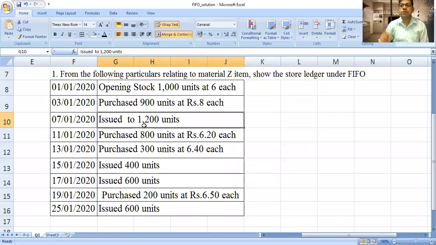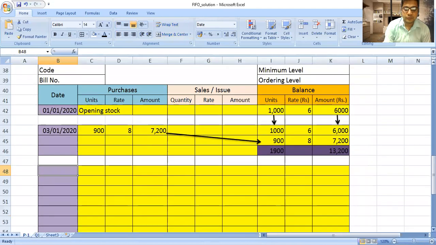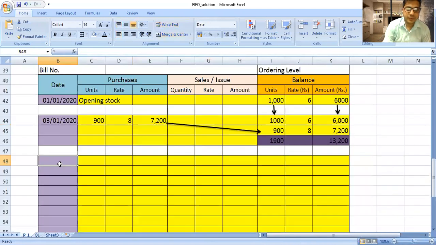Now friends, issue means sold, issue means sale, issue means sold value. Now 1200 issue. So when they want to sell this on 7th January, we will write here 7th January 2020. How many units do they want to sell?